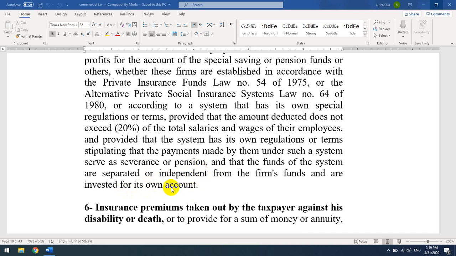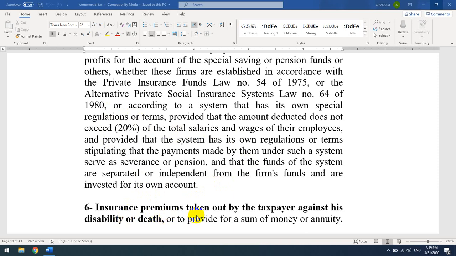By own, we mean the employees' accounts, separated from the company and invested independently, with a separate management system and separate independent funds, limited to 20% of the total salaries and wages.